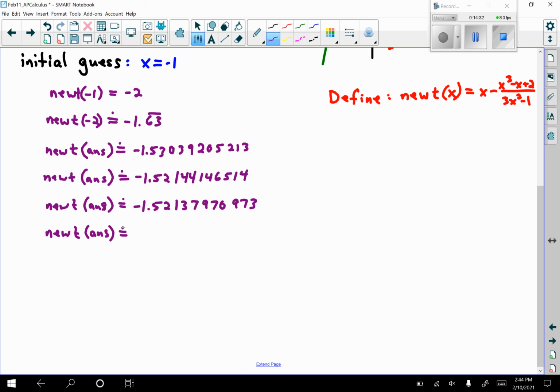Let's try this one more time. Even more digits are the same. Now we have a -1.52137.970.68. There should be a 0 after that.